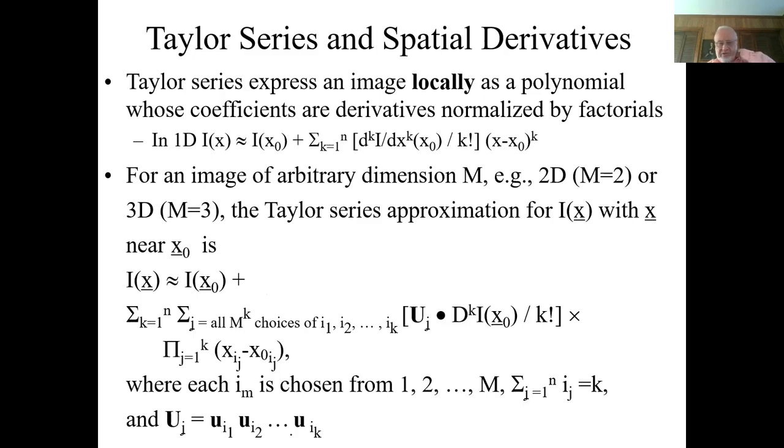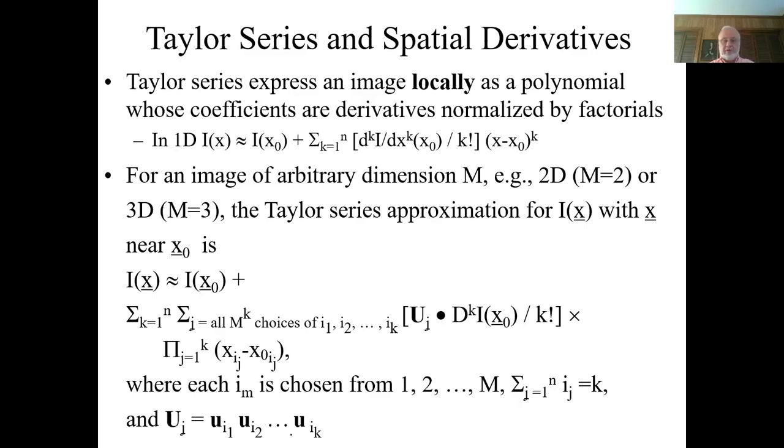So in 2 dimensions, there are 2 choices, 1 and 2. So you have di by dx and di by dy. The di by dx gets multiplied by x minus x0. The di by dy gets multiplied by y minus y0. Everything is divided by 1 factorial.